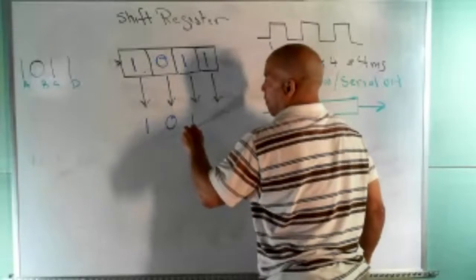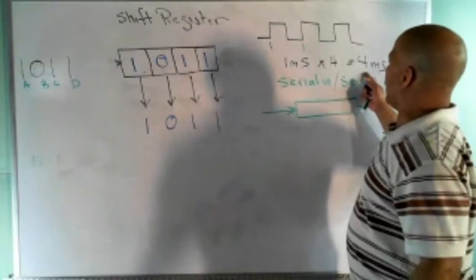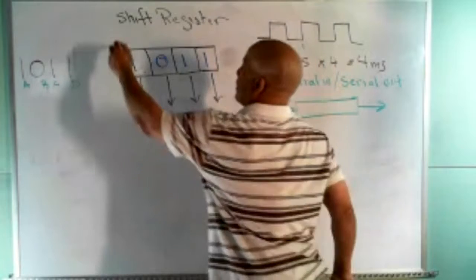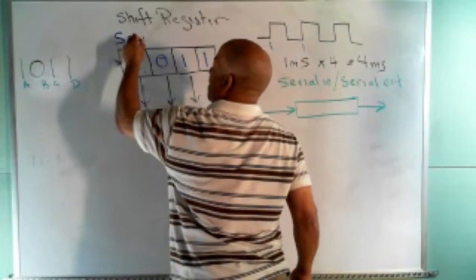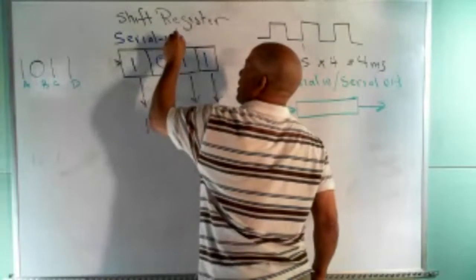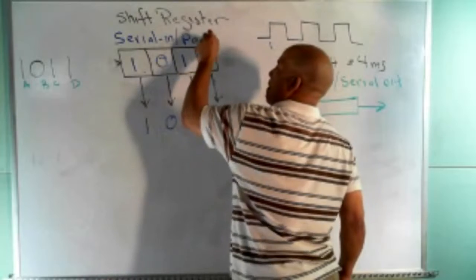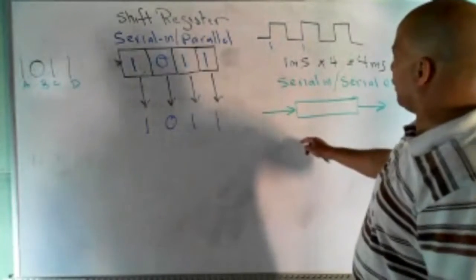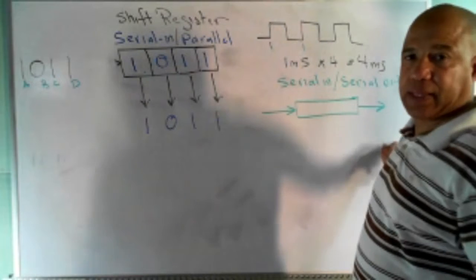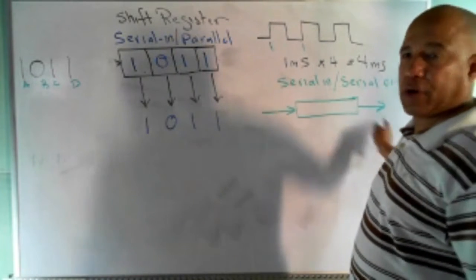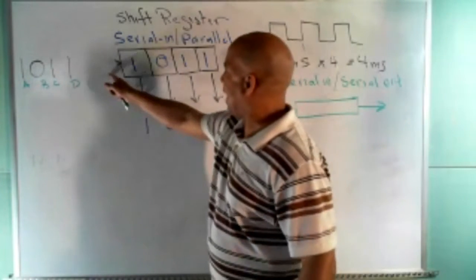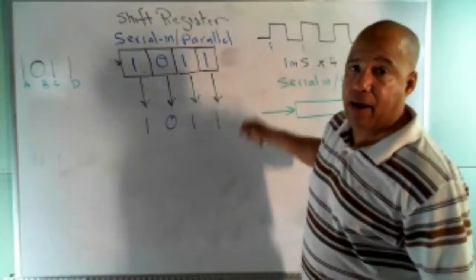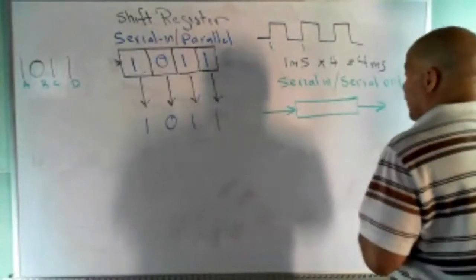So that will come out and will take only 1 millisecond. This would be serial in, parallel out. And again, on a quiz or test, you want to know: 1 line in, 1 line out is serial in, serial out; one line in, several lines out is serial in, parallel out.